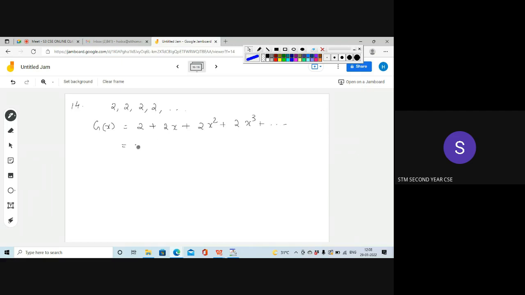If we take it out, you get 1 plus x plus x square plus x cube plus etc. Now, this is a familiar series corresponding to the series 1, 1, 1, etc. And the generating function is 1 by 1 minus x. You have to study this. For 1, 1, 1, it is 1 by 1 minus x. So you substitute it here, you get 2 into 1 by 1 minus x, that is equal to 2 by 1 minus x.